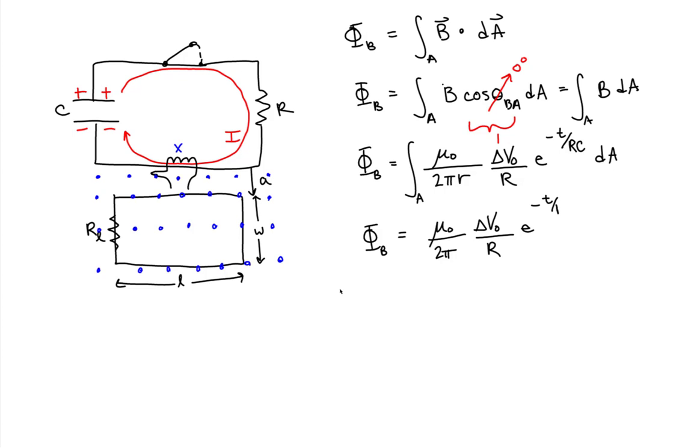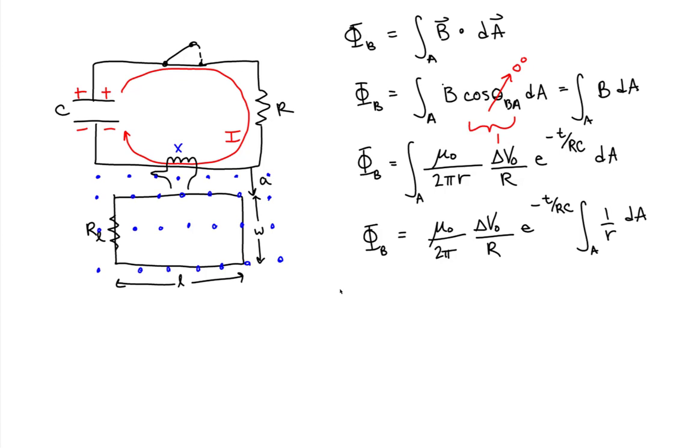So we could pull the expression e to the minus t over RC outside of the integral, and we are left with the integration over the area of the loop of 1 over r dA. So we have to determine how to handle this integral.